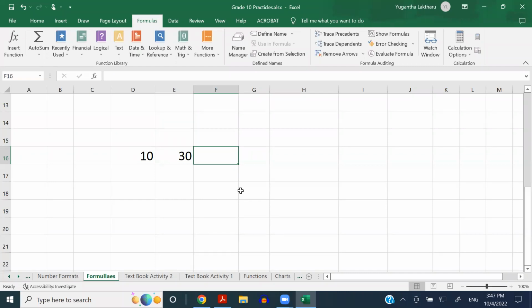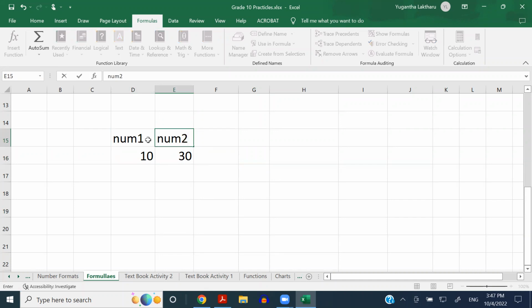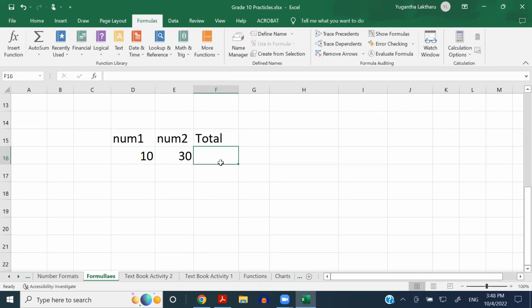So it is clear that the value 10 is in cell D16 and the value 30 is in cell E16. I'll take this as number 1 and this as number 2, and I'm going to take the total over here in this cell, which is F16.